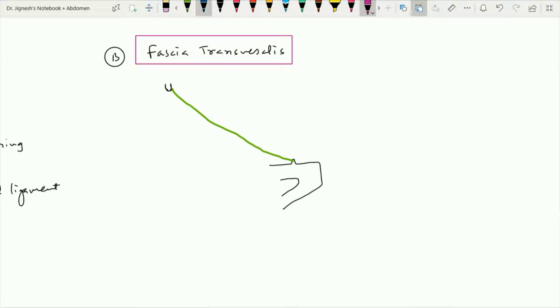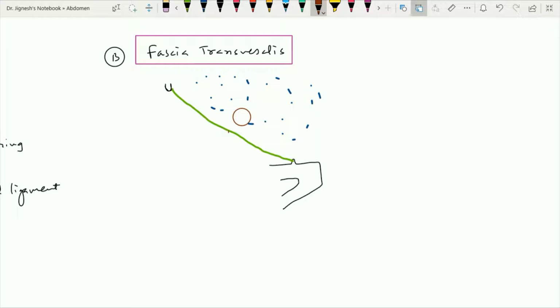So here, this fascia is the fascia transversalis, and within this fascia transversalis we find one oval gap 1.25 centimeter above the midpoint of the inguinal region, and this mid-inguinal point is situated between the anterior superior iliac spine and the pubic symphysis.